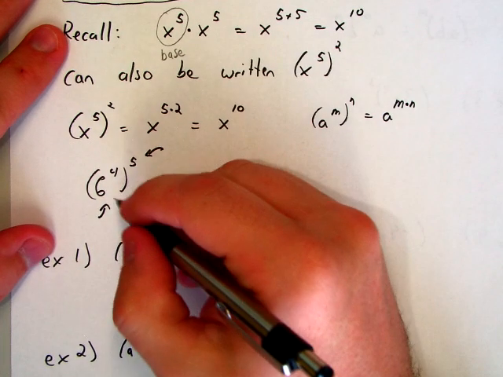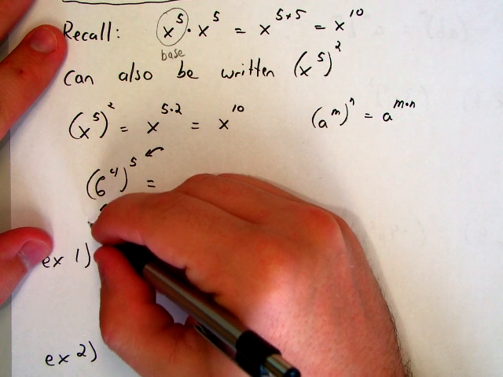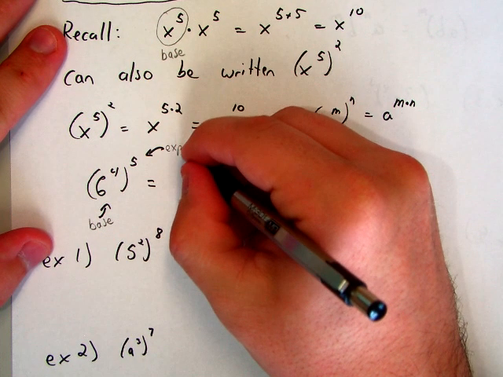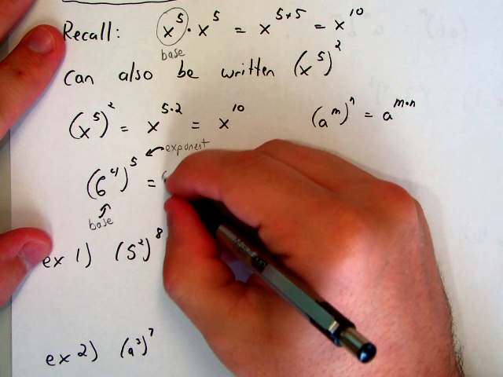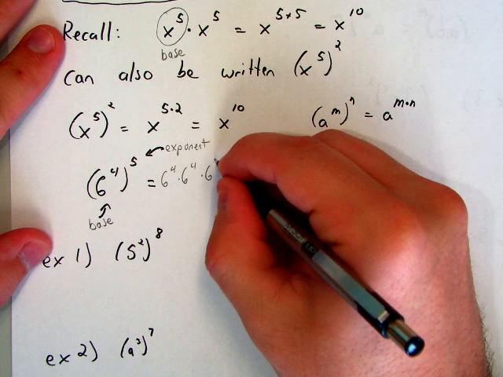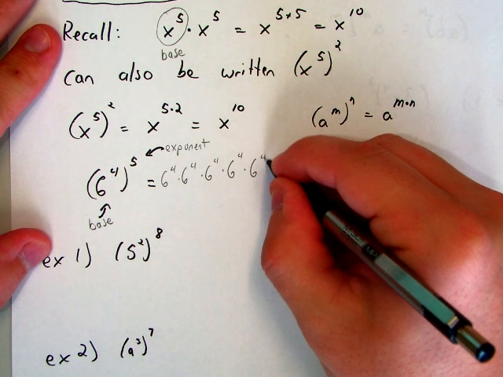So now this whole part, this 6 to the 4th, is our new base. This is our new exponent. And what this means is 6 to the 4th times 6 to the 4th times 6 to the 4th times 6 to the 4th times 6 to the 4th.